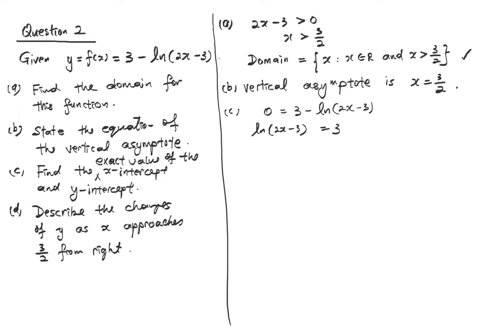You have the license to change to exponential. So your x will be (e to the power 3 plus 3) divided by 2. This is the exact value. If you use your calculator, you will get an approximate value. Are you okay?